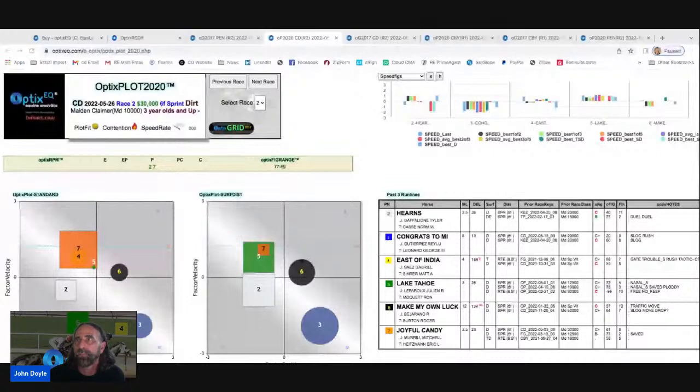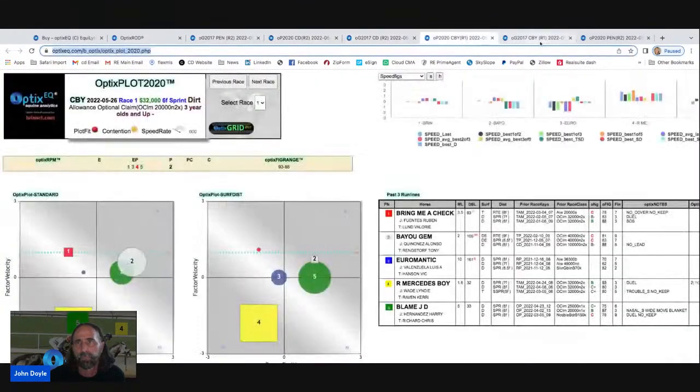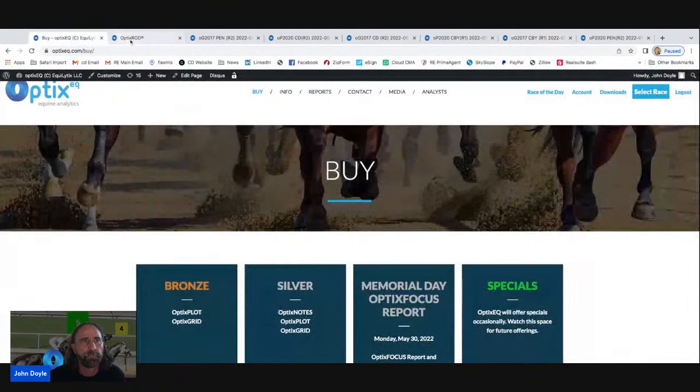Next race up is, I said Indianapolis. I didn't handicap that race. I'll just take a quick look at it. Race 5.